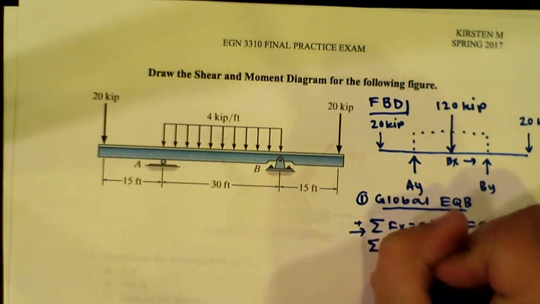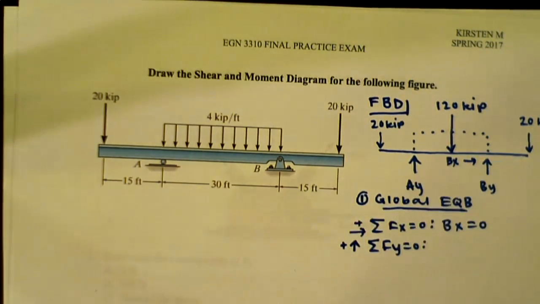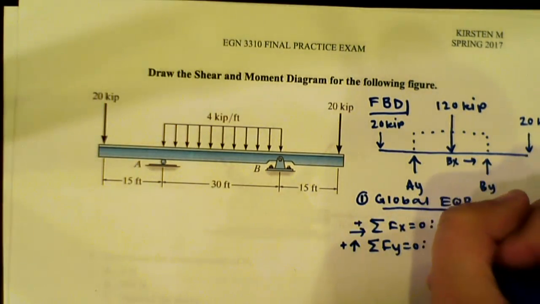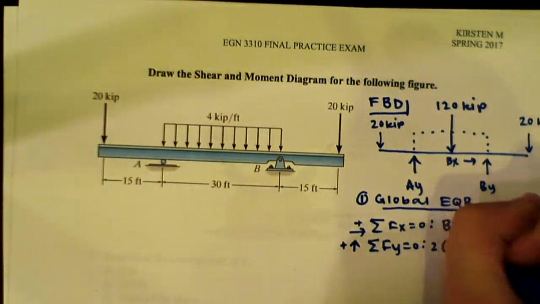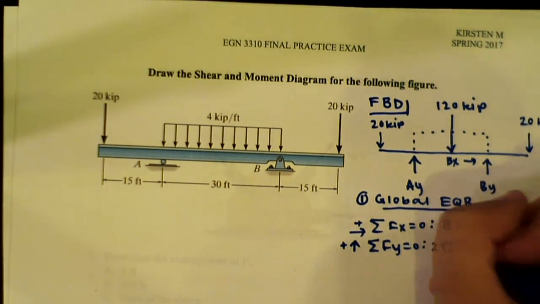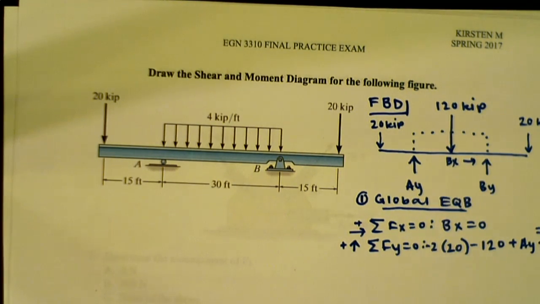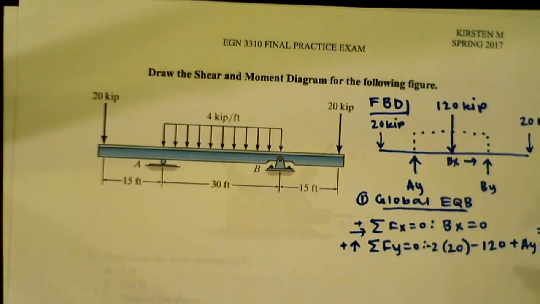If we do our sum of the forces in the y direction, assuming that positive is going upwards, we have our two 20 kip forces, we have our 120 going down, and then we have our AY going upwards and our BY going upwards, all equal to 0. But we have two unknowns and it's only in one equation. So that means we have to find another equation.